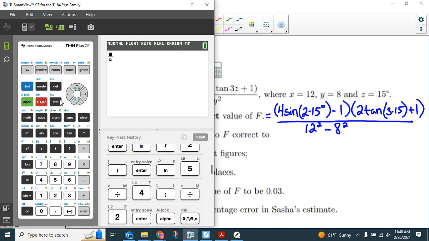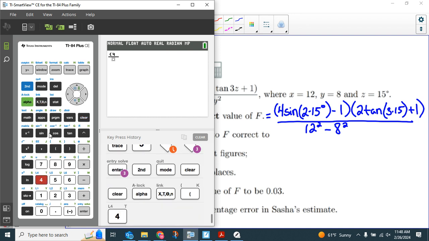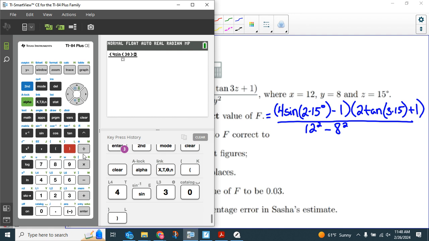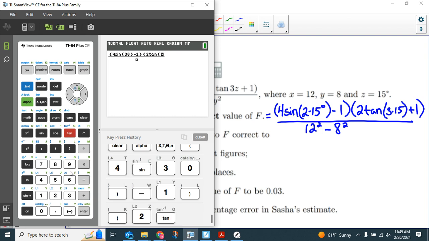So I'll do our fraction command here. I'll open a parenthesis, 4 times the sine. You really don't have to write it as 2 times 15. Well, 2 times 15 is 30, and that's perfectly sufficient. -1, close that parenthesis, open a new parenthesis, 2 times the tangent.